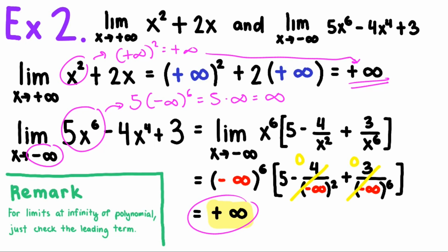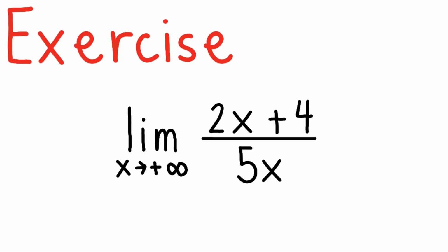To end this, here's a nice exercise that you can work on. Technically, this is like a preview of the next video. In here, we are tasked to find the limit of 2x plus 4 over 5x as x approaches positive infinity. Take note here that if we plug in x out here, we'll have infinity over infinity.